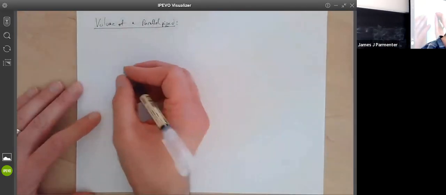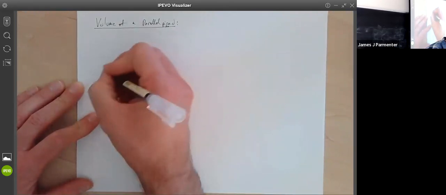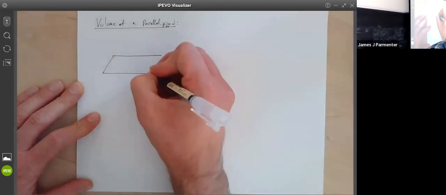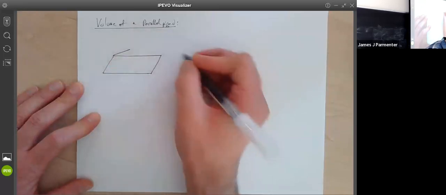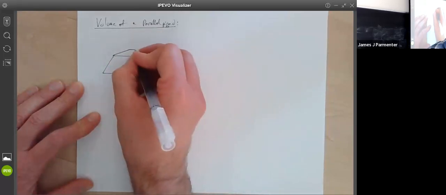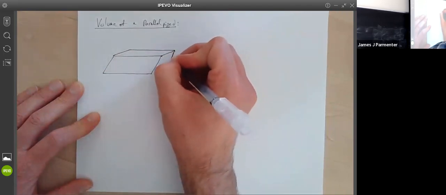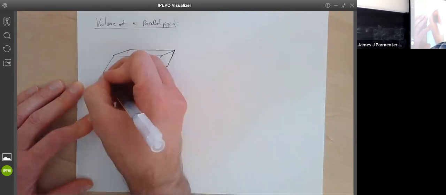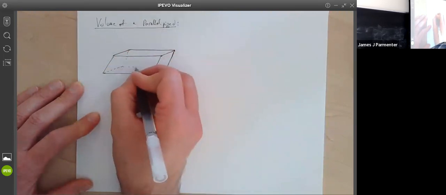But we can draw it like this. So let's say we have the following. We're going to take our parallelogram and give it some depth. We're going to try and draw things parallel. It turned out all right.